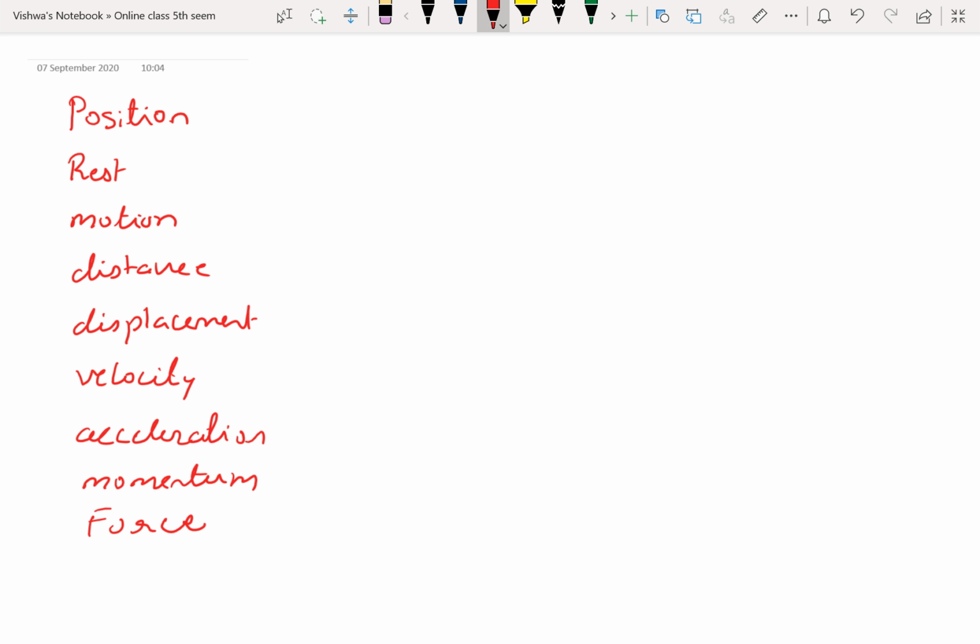So now the present unit is completely based on these quantities.